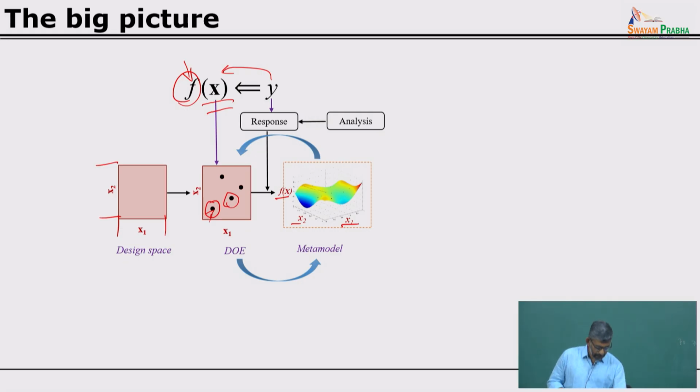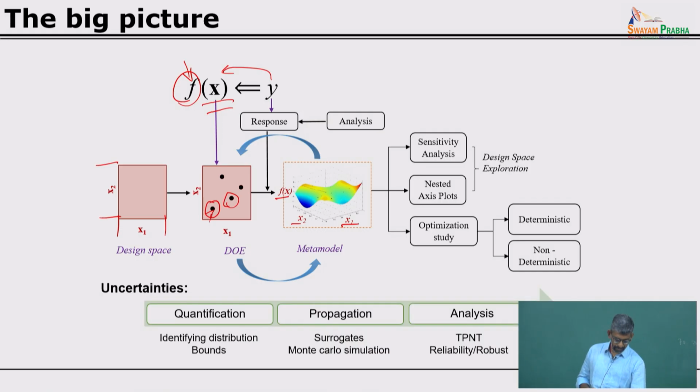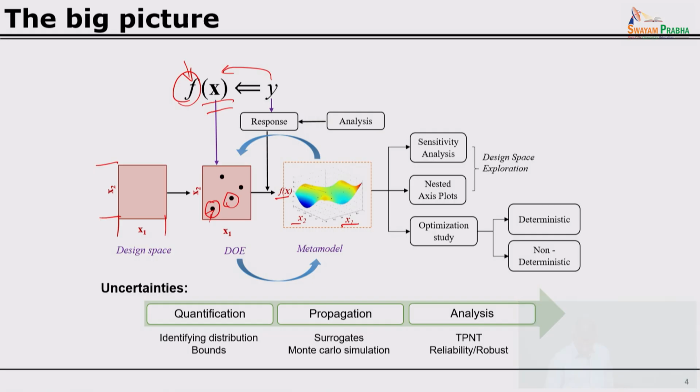Okay. The other thing is, if we go past that, once you build the F, then you can do sensitivity analysis or optimization, whether it is deterministic or non-deterministic, which means you want to do reliability or robust design kind of stuff. And visualization also can be done from a decision perspective. Then on top of it, if you want to propagate uncertainties, so far we have only spoken about the deterministic sense.